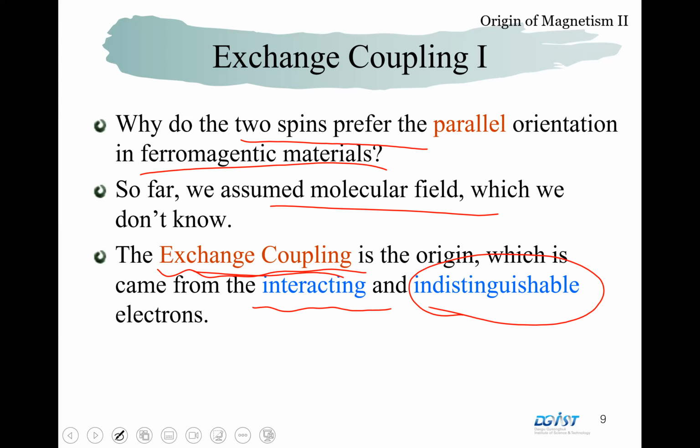Then what happens if you exchange these two electrons like this? Can we distinguish them? If we have two people and they exchange, we can see some difference. But for electrons, we believe this fundamental particle is really identical. We cannot distinguish each electron. So we need to take care of what happens when we exchange the electrons. That's what I mean by the indistinguishable nature of electrons.